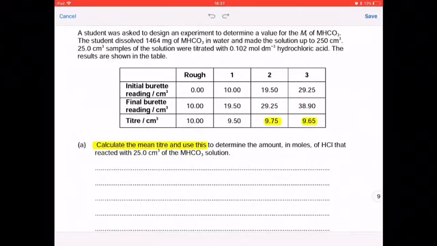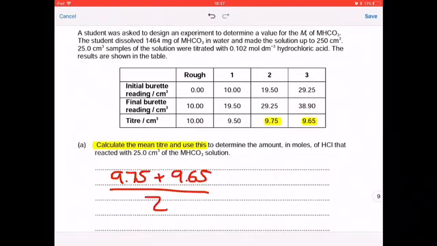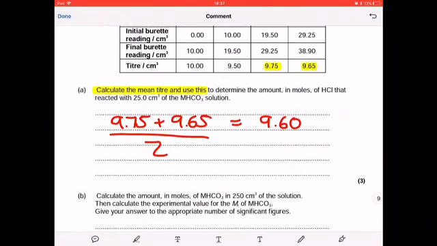So, to calculate the mean titre value, I'm going to find the calculator. You're going to do 9.75 plus 9.65 divided by 2, which is 9.60. So that's the first thing to identify, that is the mean titre value when it comes to this question.